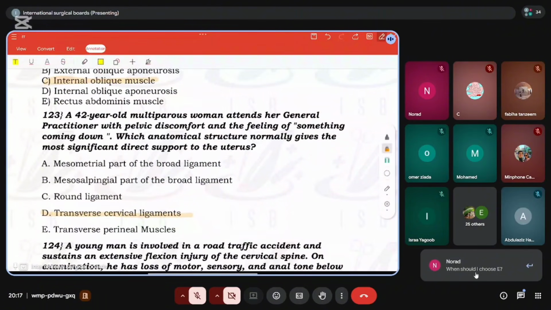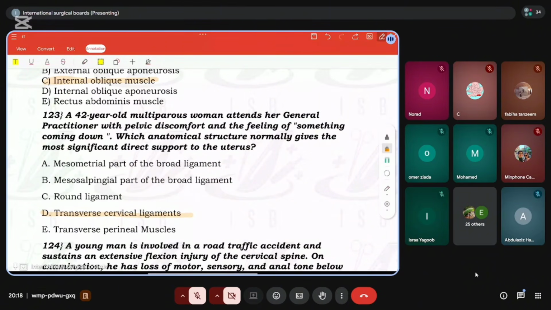You never choose E. Transverse perineal muscles are very thin, flimsy muscles in the deep perineal pouch. Levator ani does give significant support to the uterus, but it is not attached to the uterus. Levator ani muscle basically supports almost all the pelvic organs inside the pelvis, but it doesn't attach to the uterus directly.